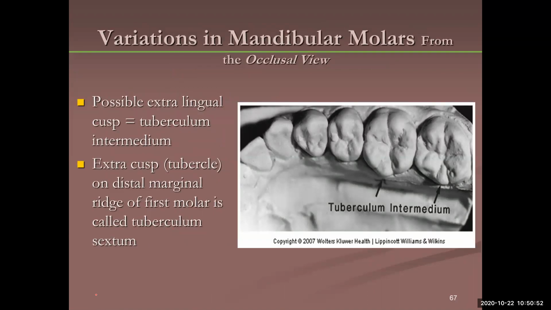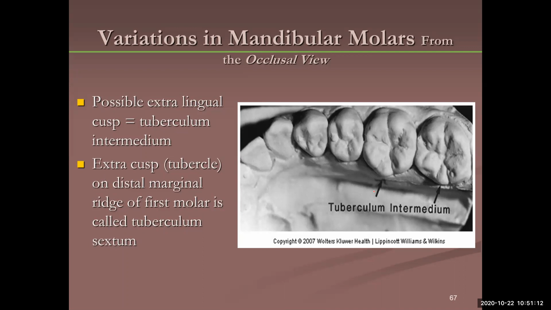So occasionally you can have extra cusps. Take a look at these. You have an extra lingual cusp and they are named. They're really tubercles. The tubercle has 2 names.